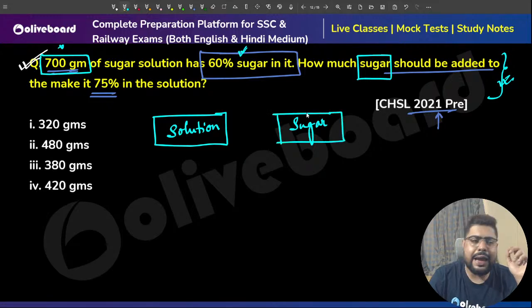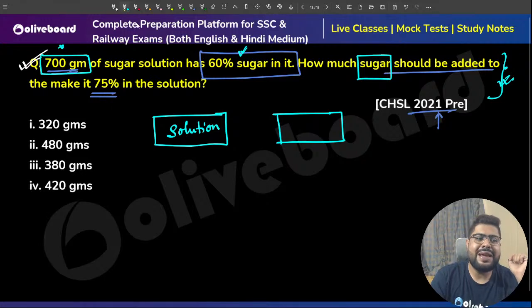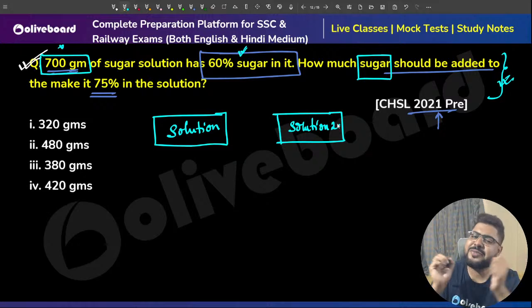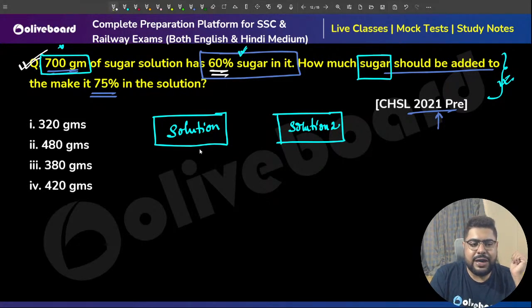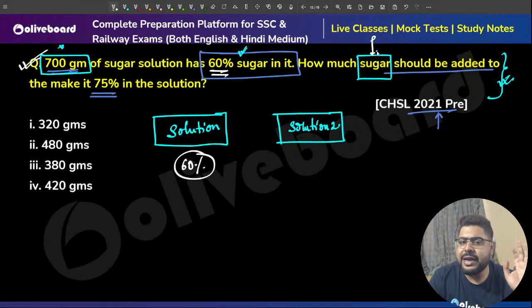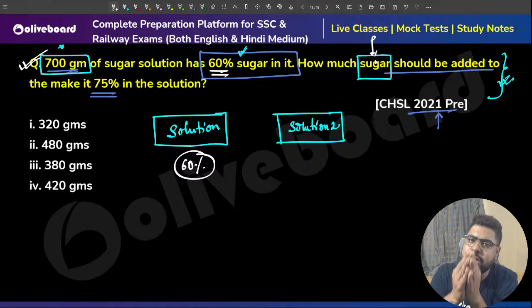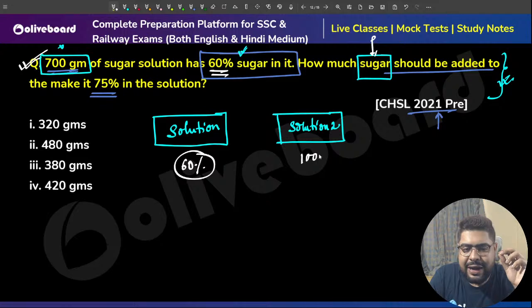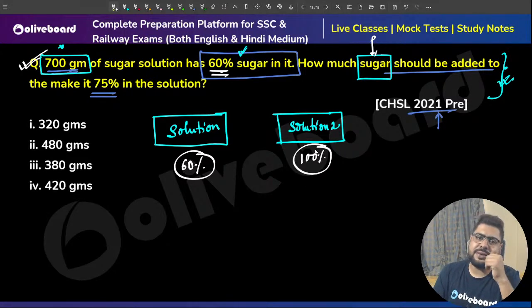Achha, for the time being, can you think? I am not adding sugar, I am adding another solution. Solution 2, sir. Now, in the first solution, sugar concentration is 60%. In the second, I am actually not adding a solution, I am only adding sugar. Adding sugar means you are adding a solution which has 100% sugar concentration.